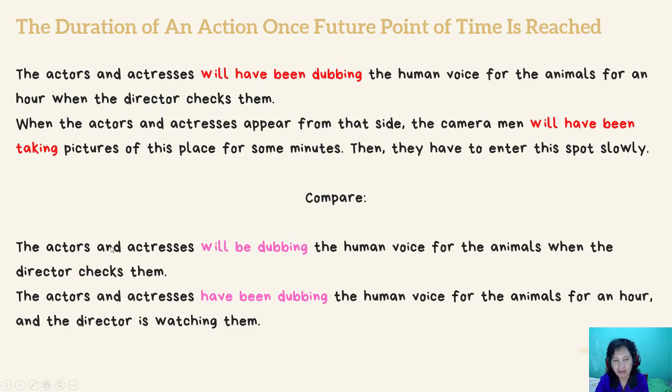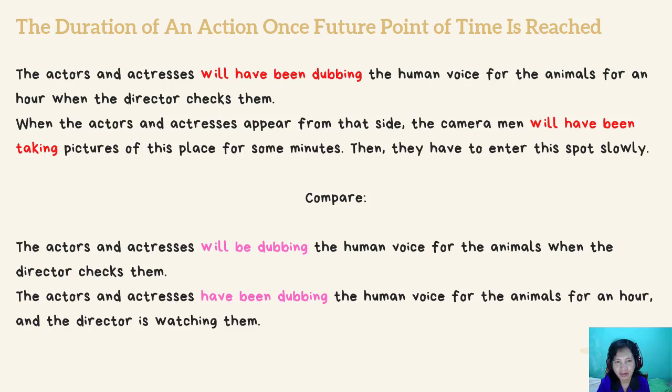I try to compare it with this. The actors and actresses will be dubbing the human voice for the animals when the director checks them. It is the same. Yes, it is the same actually. But still it is slightly different because, as I told you when I told you about the simple present perfect and present perfect continuous, for perfect continuous, the most important is the duration.